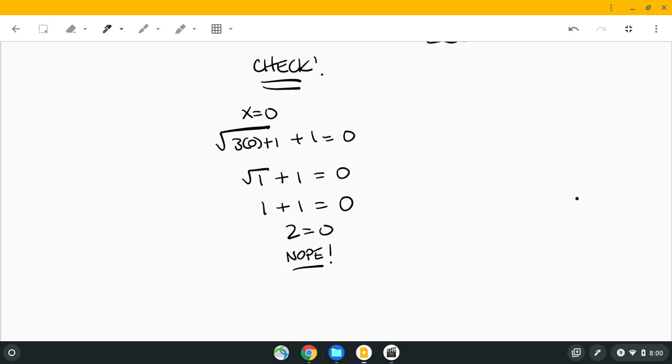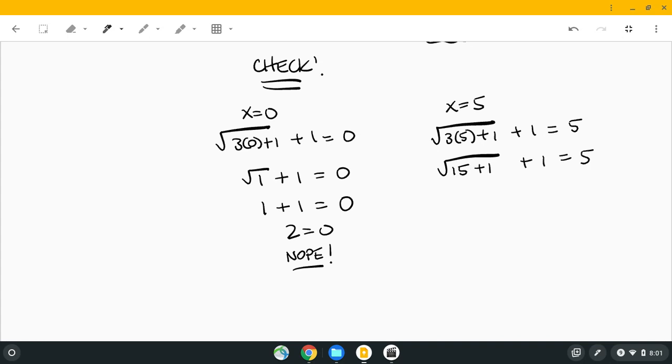Let's check 5. All right, so let's go ahead and check the other one. x equals 5. So square root 3 times 5 plus 1 equals 5. So that's 15 plus 1 equals 5. And then here we get 16, and then plus 1 equals 5.